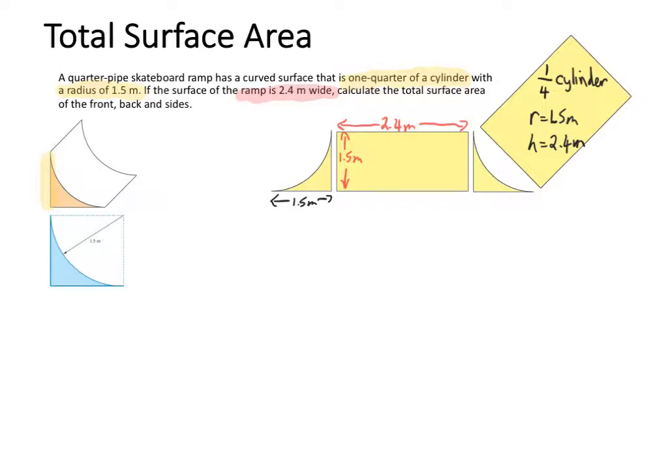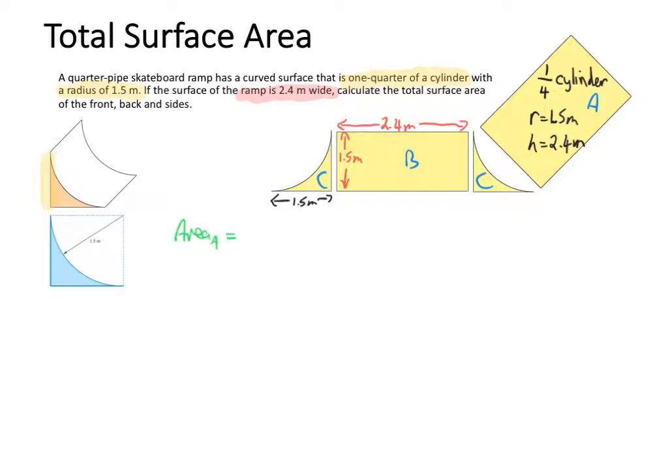So I'm going to label them A, B, and C. Starting with the area of shape A, and that is the curved front of my skateboard ramp, which is 1/4 of a cylinder. So I can use the formula for the side area of a cylinder and then divide it by 4 to get 1/4.